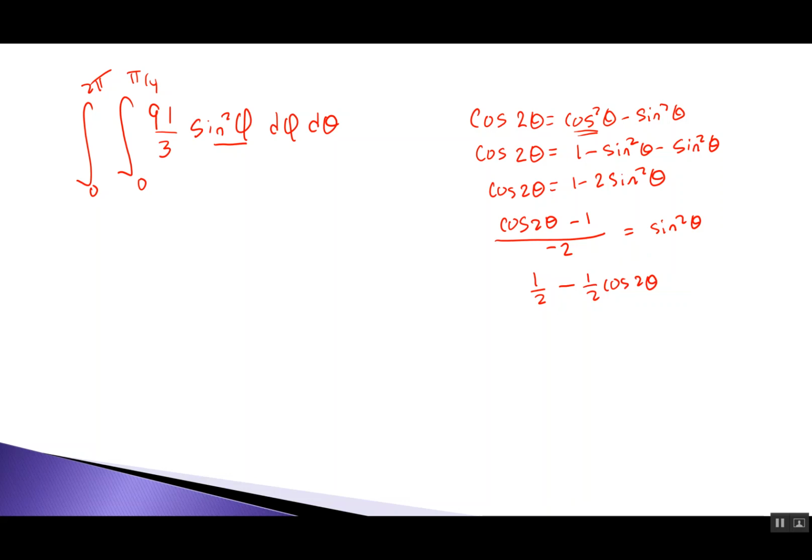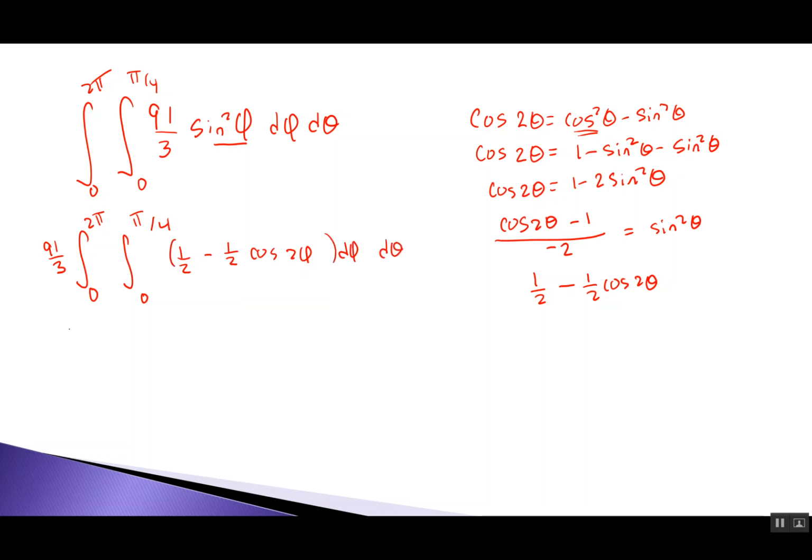Although we're using phis here, so I'll change those to phis. And again, I'm not doing a u substitution, so I don't have to change my limits of integration, but this becomes a 1/2 minus 1/2 cosine 2 phi d theta.